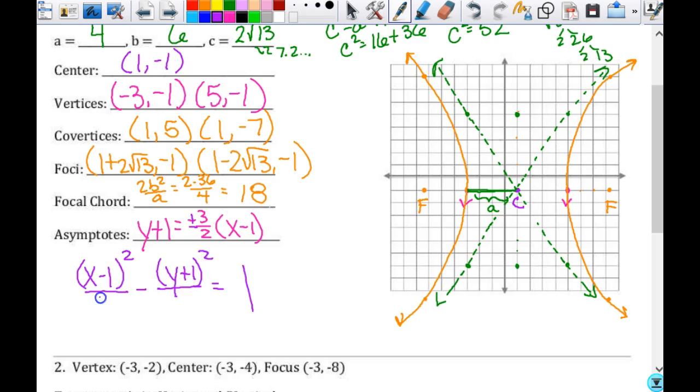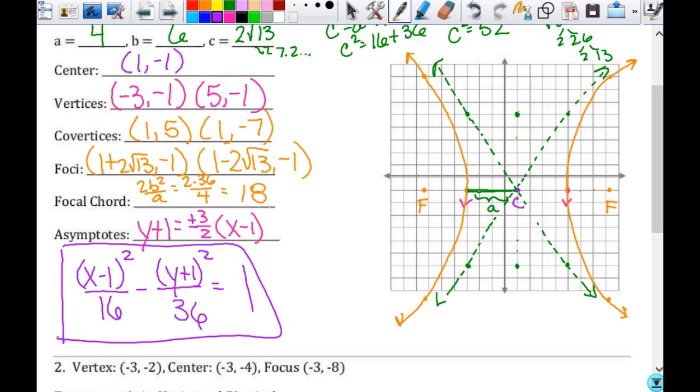A squared comes first, so that's 16 over 36. There's my equation. Everybody okay with that? Lots of pieces. A lot more pieces on our hyperbola to focus on than the rest. Any questions?